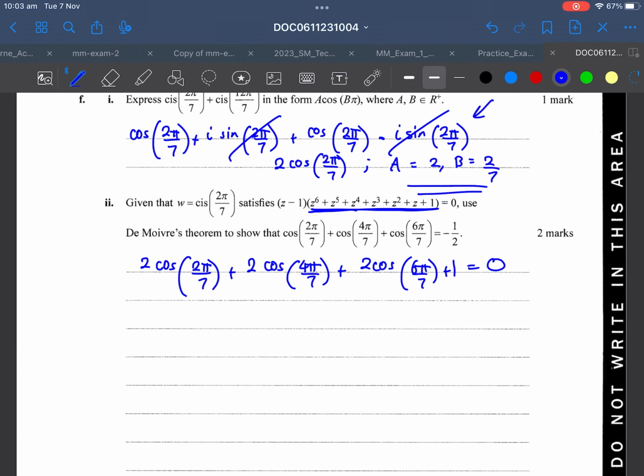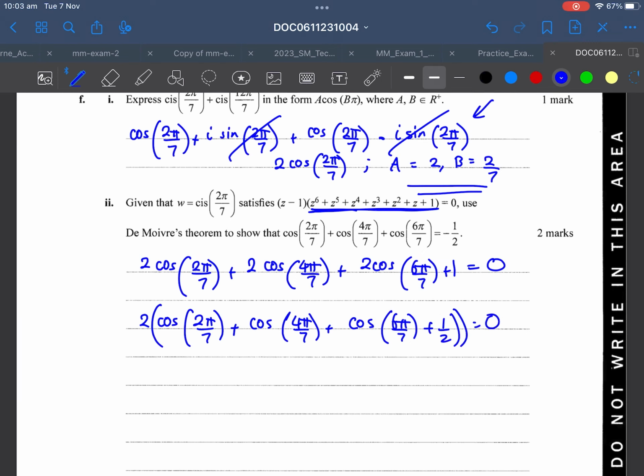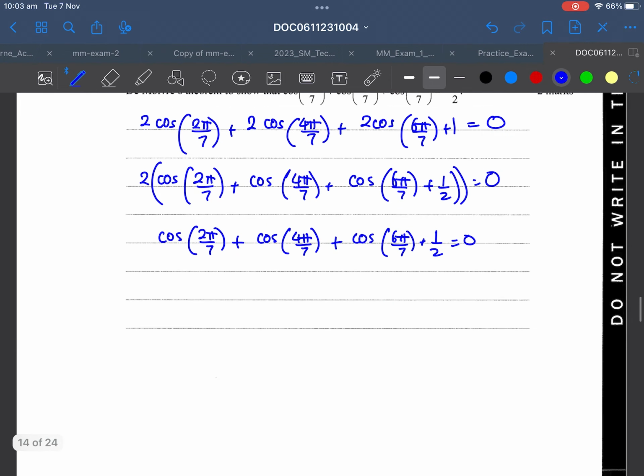So if I were to take 2 out as a common factor, 2 times cosine of 2 pi on 7 plus cosine of 4 pi on 7 plus cosine of 6 pi on 7 plus half equals 0, which will give us cosine of 2 pi on 7 plus cosine of 4 pi on 7 plus cosine of 6 pi on 7 plus a half equals 0.